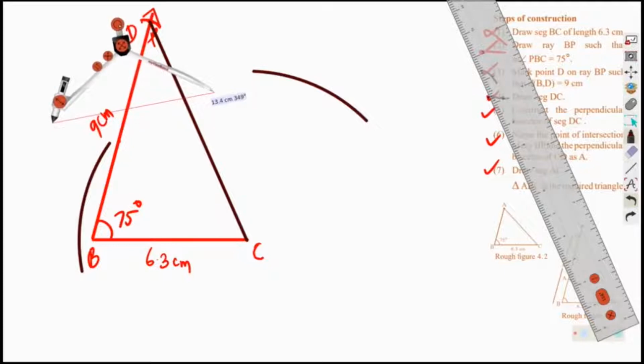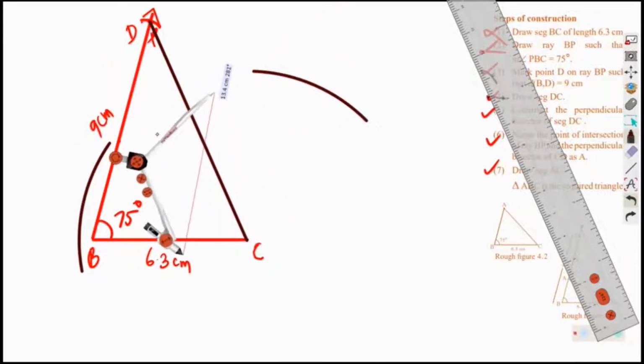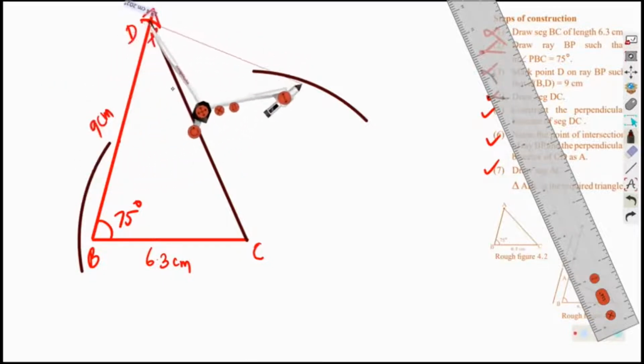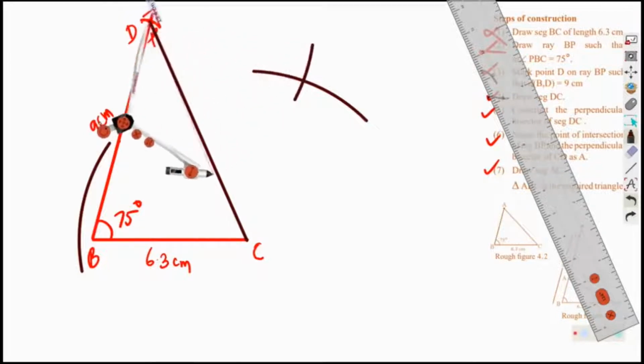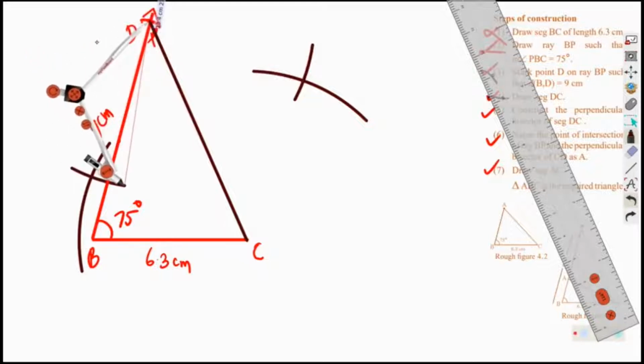We have to fix the compass in such a way that it should not get disturbed, and we will keep it on the other end of the segment, this way. Okay, and we have to complete the drawing by drawing an arc accordingly. So the intersection of the arcs on both sides of the line segment will help us to complete the drawing of the perpendicular bisector.